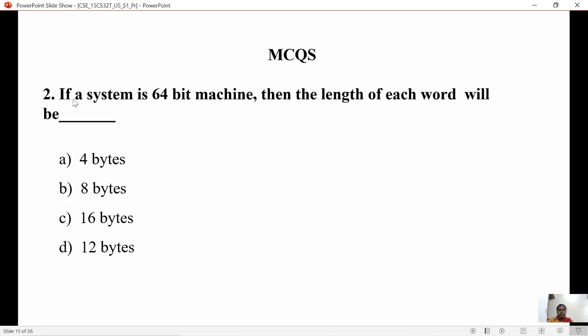Second question: if a system is a 64-bit machine, then the length of each word will be dash. Option A, 4 bytes; option B, 8 bytes; option C, 16 bytes; and option D, 12 bytes. The solution is 8 bytes. 8 into 8 is equal to 64, because 1 byte is nothing but 8 bits.